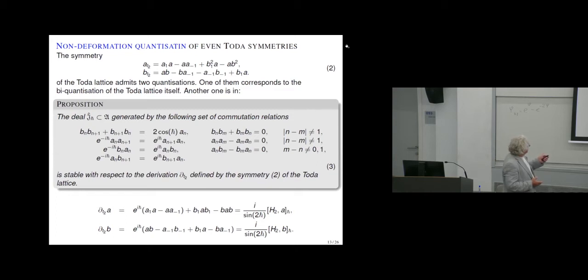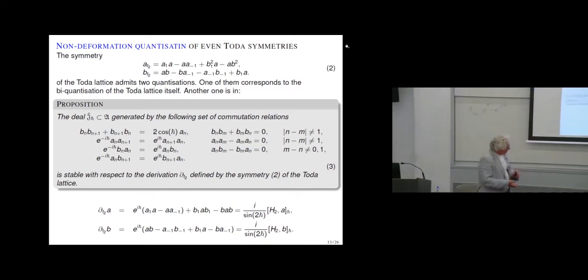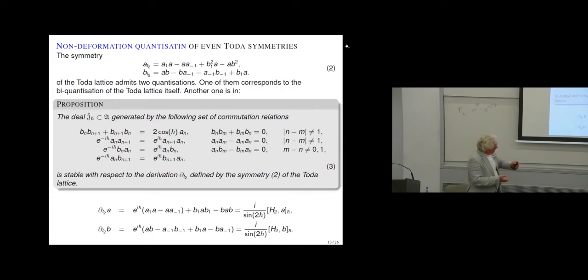You have a hierarchy which is all natural numbers, but there is an even sub-hierarchy. And the first equation in this hierarchy is here. I can write it by this equation.